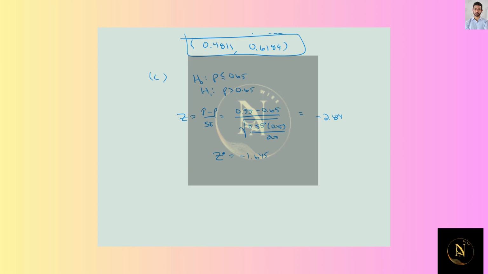But it's actually even less than, and we're testing to be greater than, and so we would fail to reject the null hypothesis. There's not enough evidence to conclude that the population proportion is greater than 0.65.